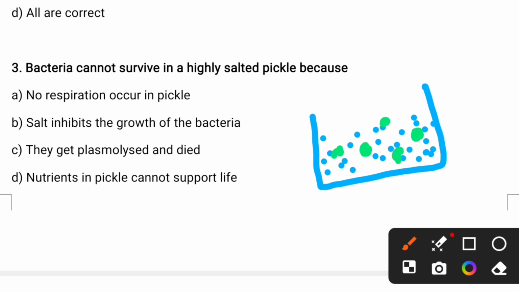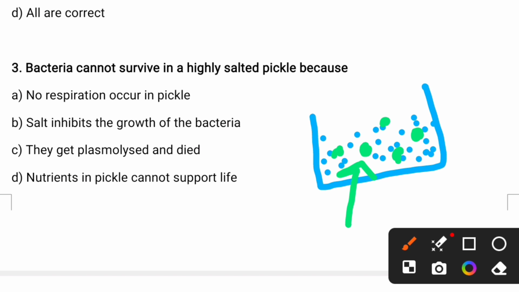They are present in air, in soil, anywhere you can see bacterial or viral spores. So they generally fall on the pickle. Generally we add more salt to the pickle.